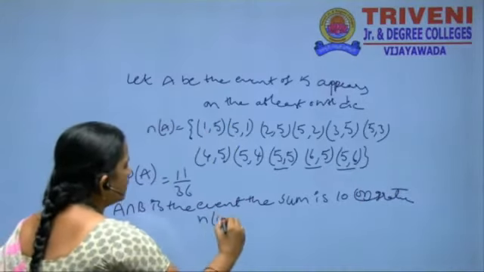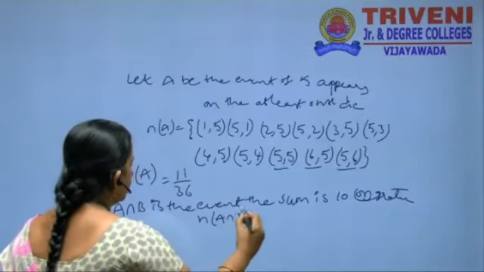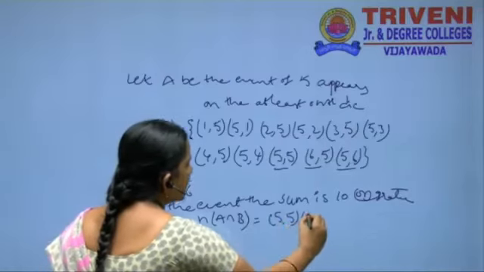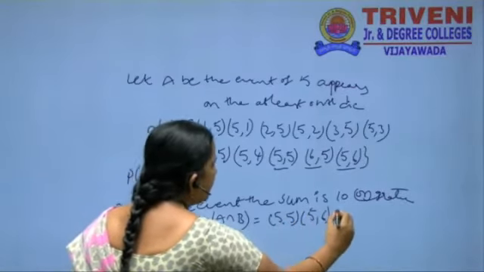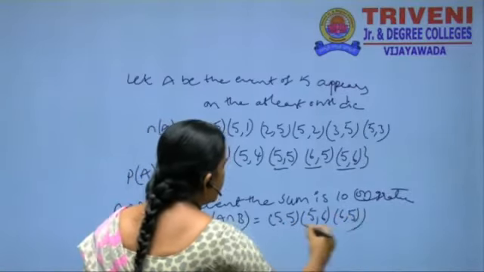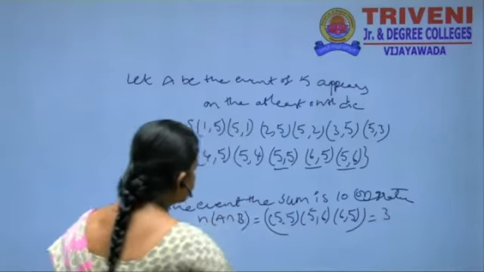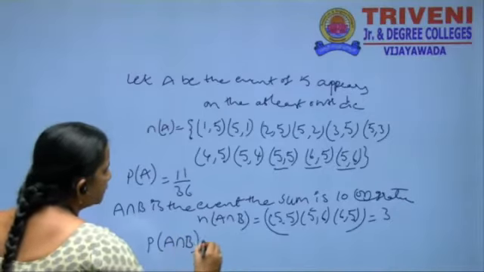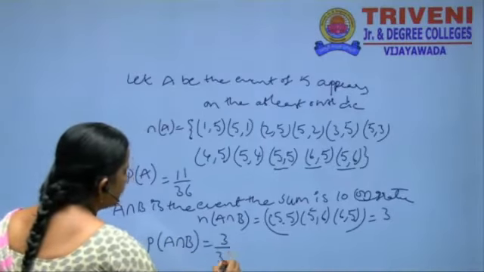That is N of A intersection B is equal to 5 comma 5, 5 comma 6 and 6 comma 5. That is equal to 3. P of A intersection B is equal to 3 by 36.